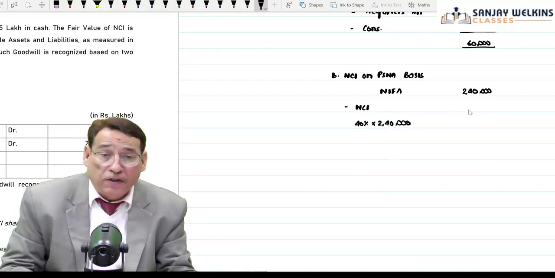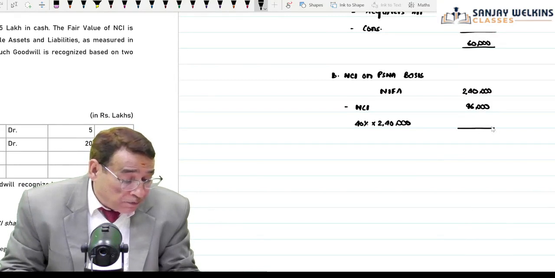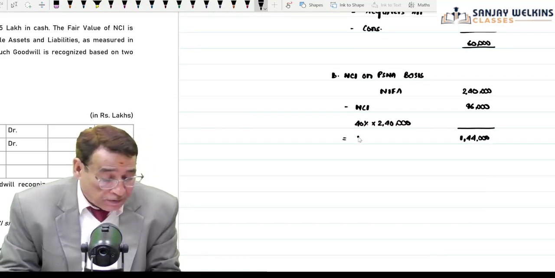So 40% of net assets will be equal to 96,000. The rest of the assets belong to the acquirer, 1,44,000. That will become the acquirer's share.